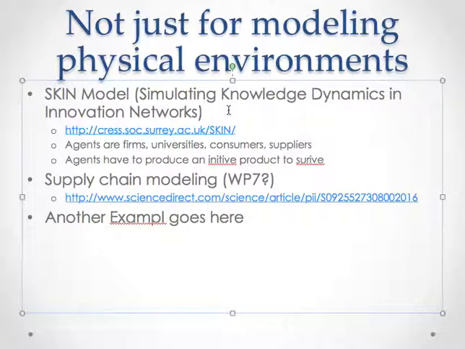The person that created the SKIM model, it was a great insight for me to work out how the people from Surrey thought innovation was shared between firms or universities or whatever. There's also been some work done on supply chain modelling, which is something we're doing in Work Package 7. You've got no idea what Work Package 7 is. That's a project I'm working on.